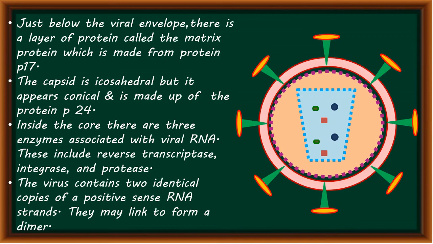The HIV virus contains two identical copies of positive sense single-stranded RNA as a genetic material. These two copies may link to each other and form a dimer. So you can see here, these are the two segments of the single-stranded RNA, and these are the associated enzymes, that is reverse transcriptase, integrase and protease.